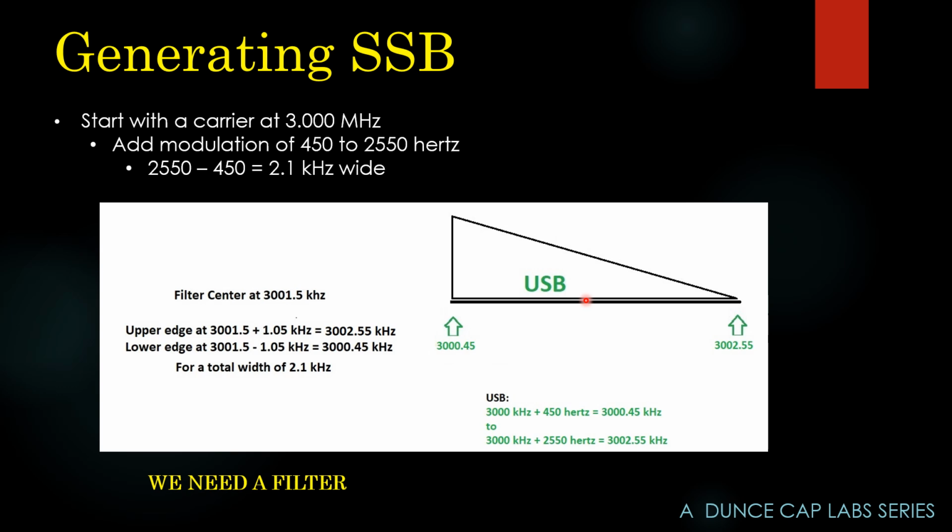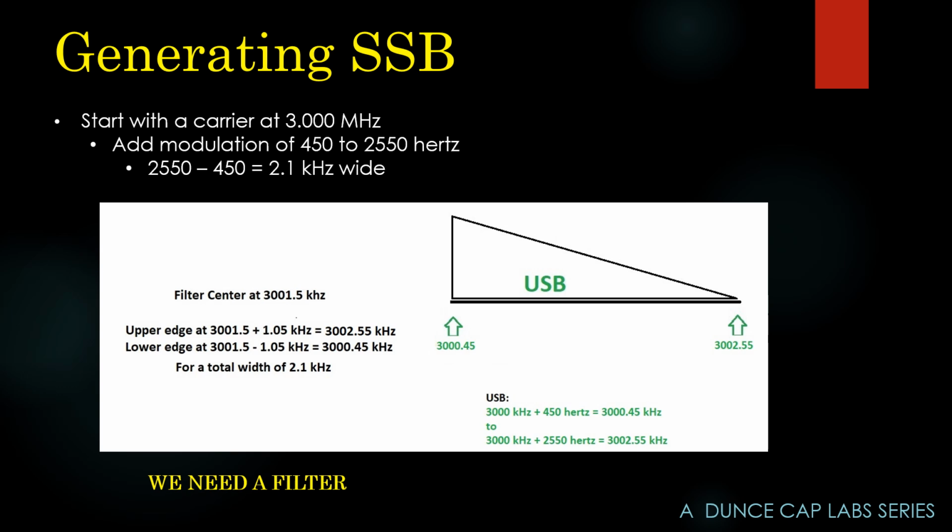Because that's halfway between 3.00045 and 3.00255. 1.05 kilohertz is right in the middle. If I can design a filter that will only pass everything 1.05 kilohertz either side of center, I'll have the filter I need.